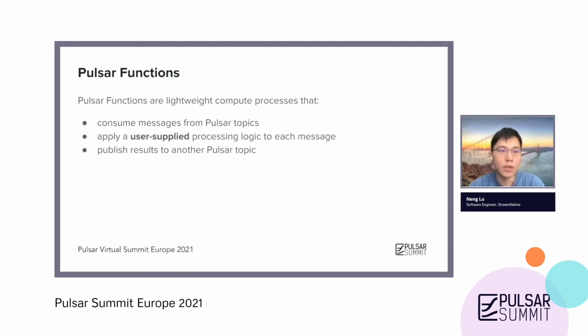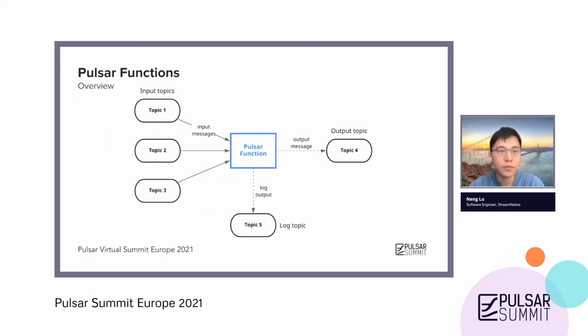Pulsar Functions are lightweight compute processes that can consume messages from Pulsar input topics, apply user-supplied processing logic to each of the messages, and then publish the result into some kind of result topic. So an overview of the process we described looks like this.